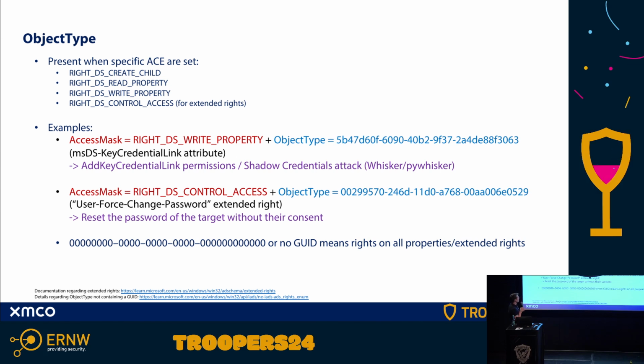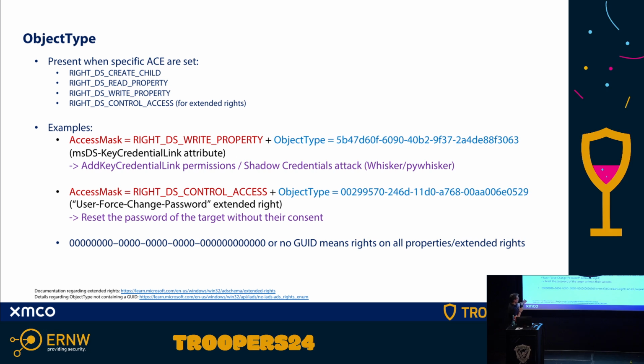Second example, with the ControlAccess mask and this object type, which translates to the User-Force-Change-Password extended right, it means that you can force change the password of the object that you are analyzing. So by doing that and iterating over each ACE, we can conclude what permissions an object has over another object.